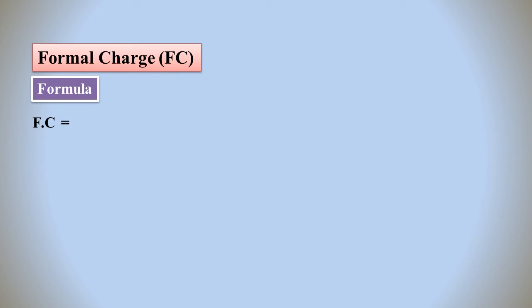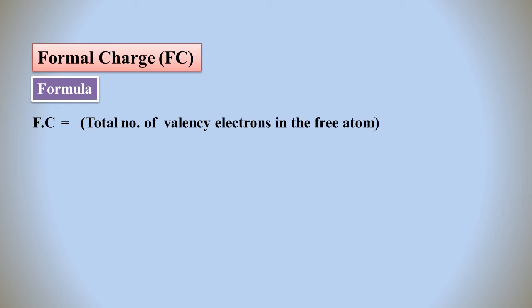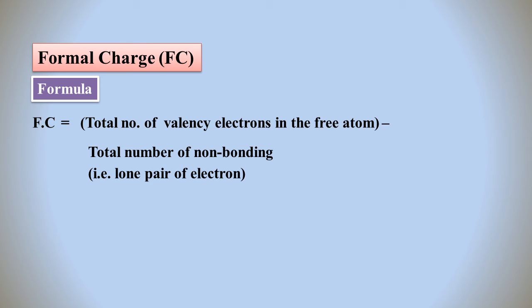Okay, we have the formula here. Formal charge: the number of valence electrons in the free atom, minus the total number of non-bonding electrons, like a lone pair of electrons.